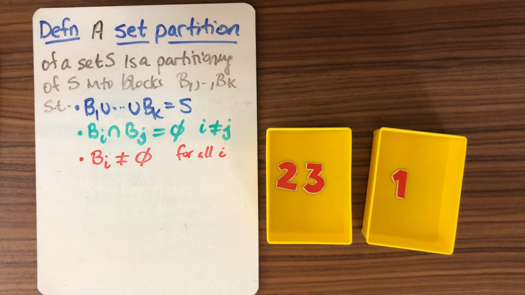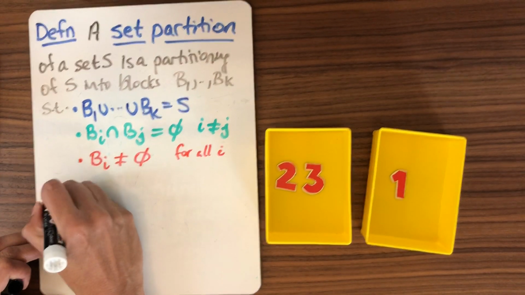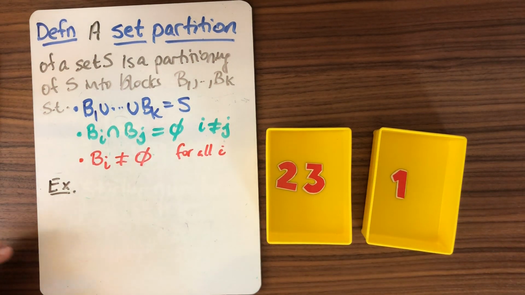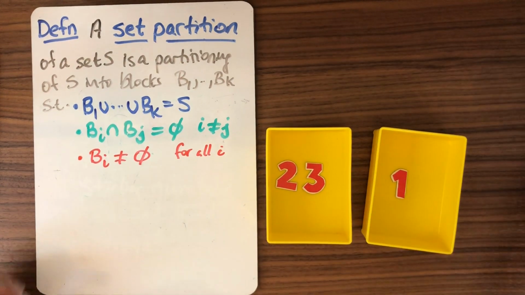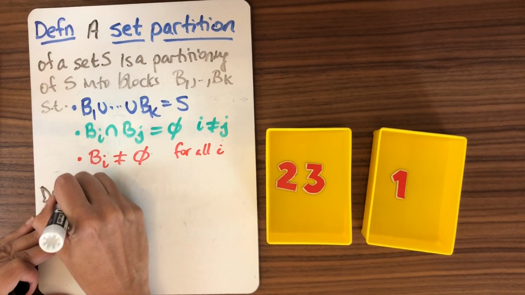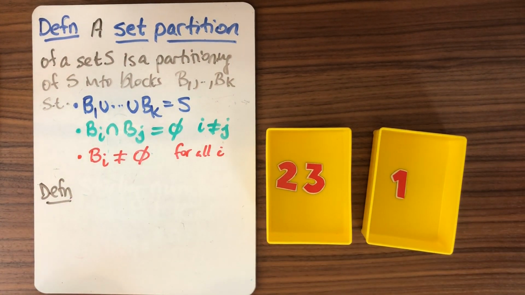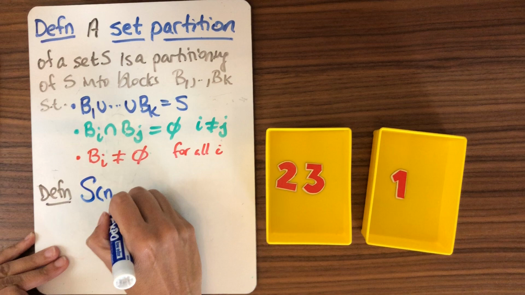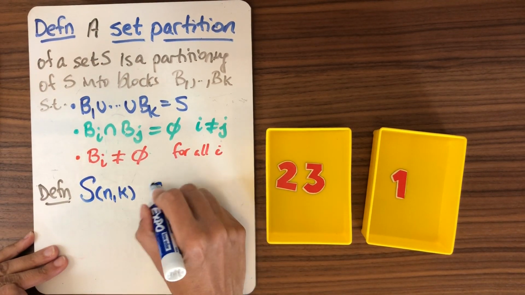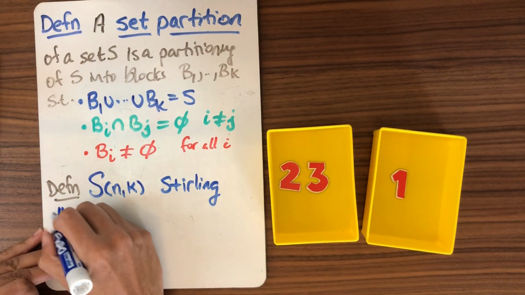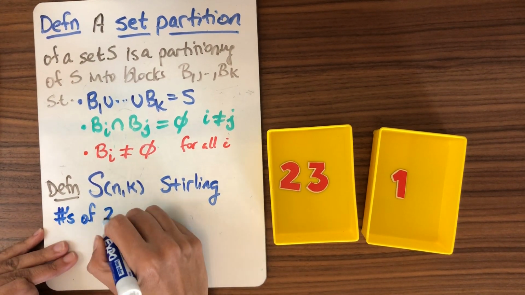So let's do that as an example. And let's actually give it, sorry, let me back up and give it a name first. It does have a name, so let's talk about that. So the name that we're going to call these numbers that we're about to enumerate are Stirling numbers of the second kind. So S(n, k), that's a capital S, are the Stirling numbers of the second kind.